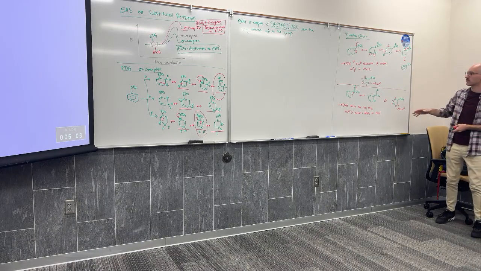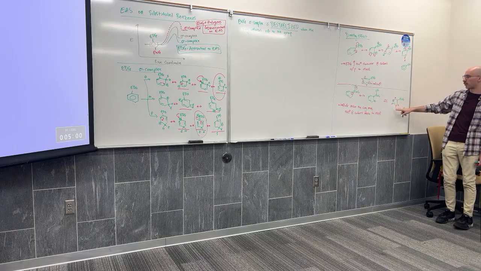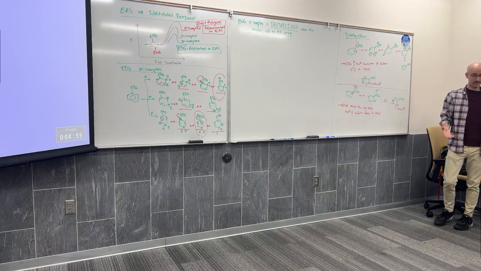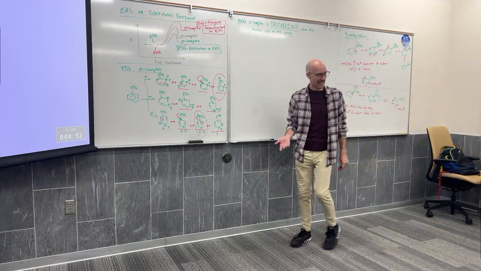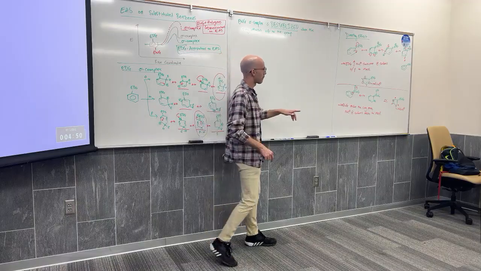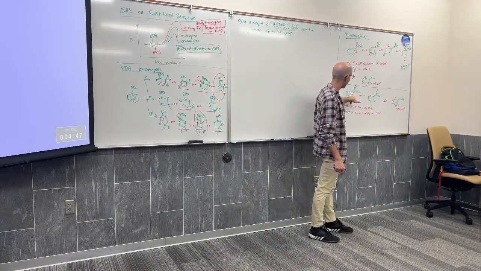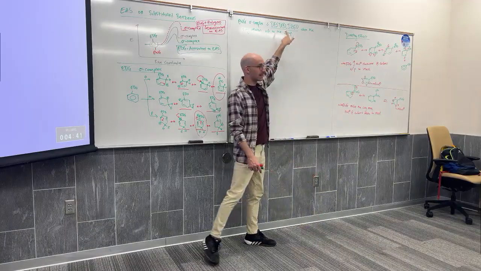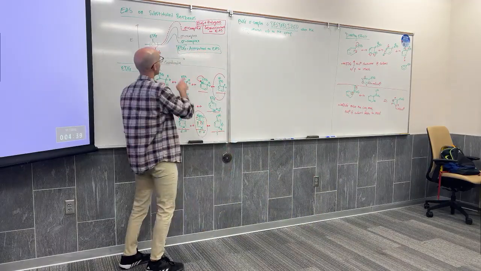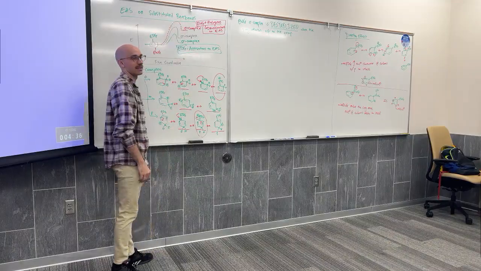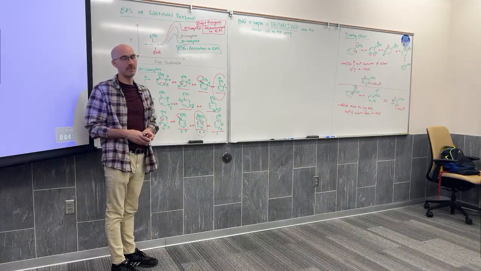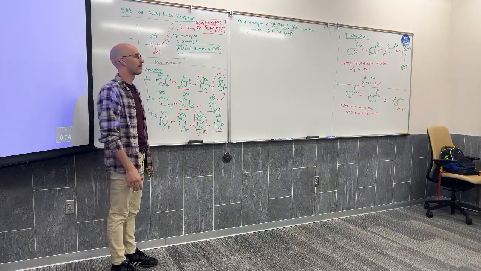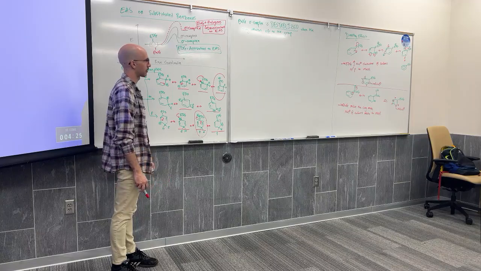So not only does the electron withdrawing group make ortho and para positions less nucleophilic, less likely to be the source of reaction, if the ring does react ortho or para to the electron withdrawing group, the electron withdrawing group will make the sigma complex even more destabilized. So we don't want that to happen. The ring doesn't want that to happen. The ring goes for the lowest energy pathway. The ring attacks meta to the electron withdrawing group.